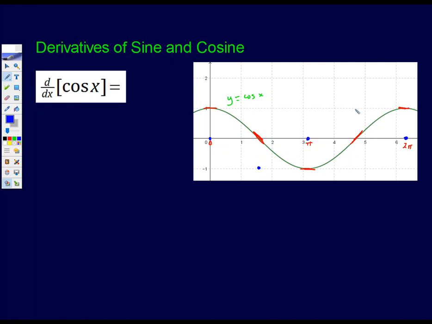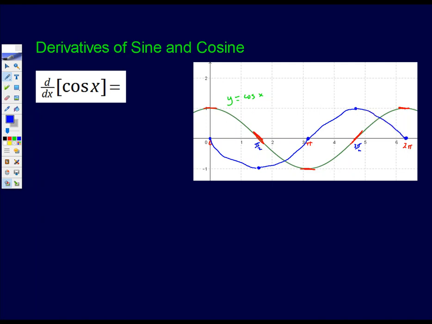And here, 1. By the way, these correspond to pi over 2 and 3 pi over 2 on the x scale. Okay, now watch as we connect the dots. Smoothly connect the dots.